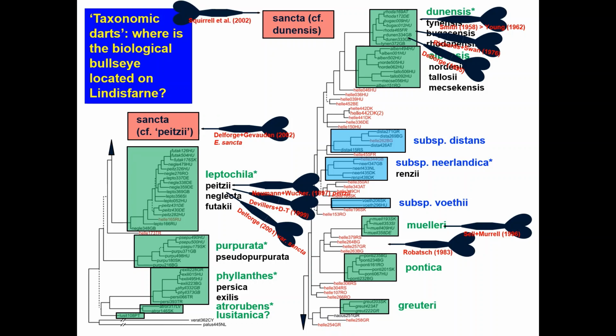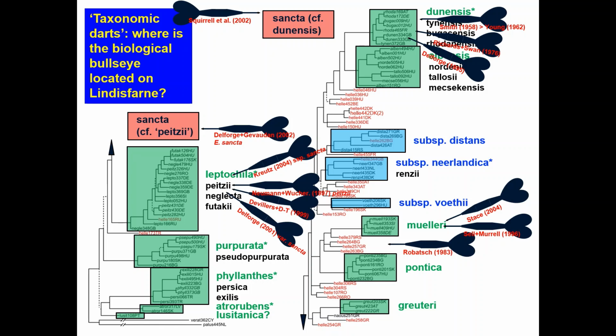That same year, Squirrell et al. provided the first genetic analysis that included Lindisfarne plants and said, no, actually, it may well deserve to be a full species, but its closest relative is helleborine, not leptochila, not peitzii, not muelleri. Kreutz ignored the genetic evidence in 2004 and made it a subspecies of leptochila.